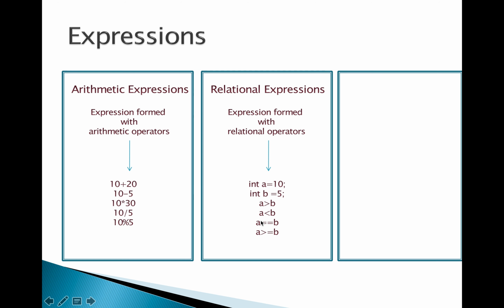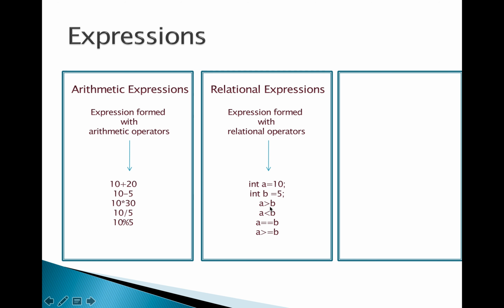If I want to compare a equal to b, I have to use the double equal to, because if you write a single equal to, you are putting b's value into a, which is an assignment statement, like a is equal to 10. To differentiate assignment from the relational operator, they use one equal to for assignment and two for the relational operator. This evaluates to a true or false statement.